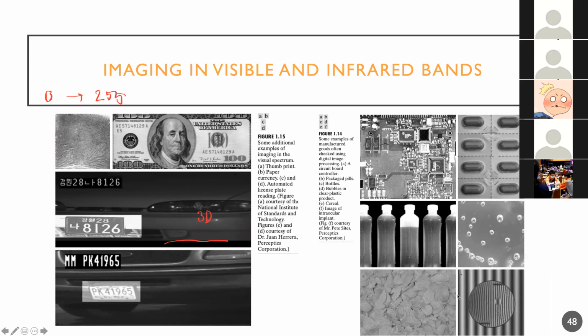So there are quite a lot of applications, right? And we have found that a lot of industries, even in Thailand, are trying to use image processing as a part of their process.